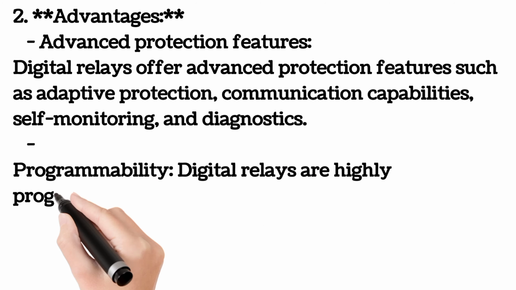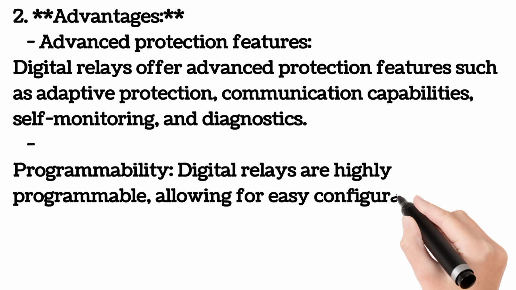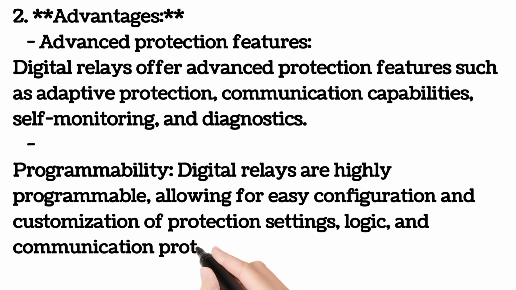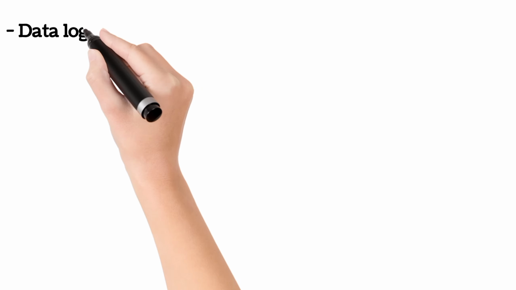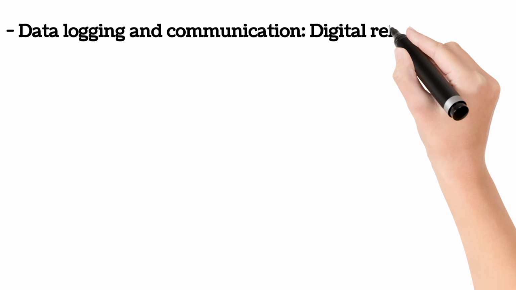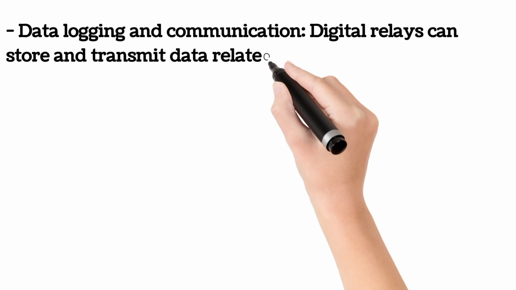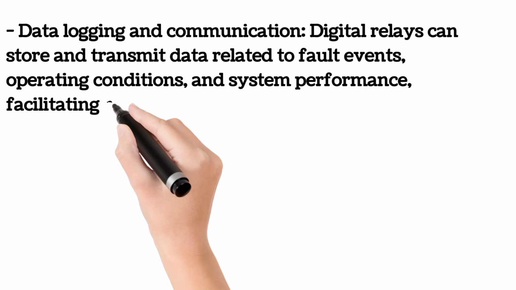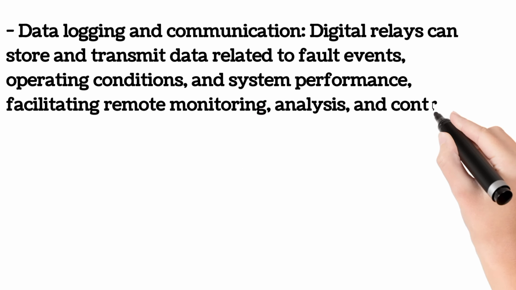Programmability. Digital relays are highly programmable, allowing for easy configuration and customization of protection settings, logic, and communication protocols. Data logging and communication. Digital relays can store and transmit data related to fault events, operating conditions, and system performance, facilitating remote monitoring, analysis, and control.